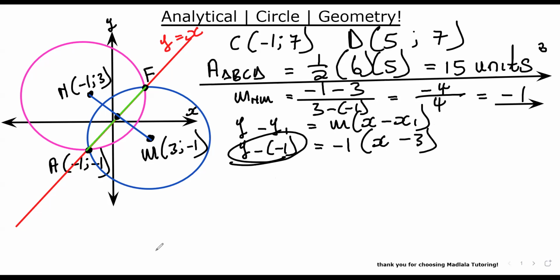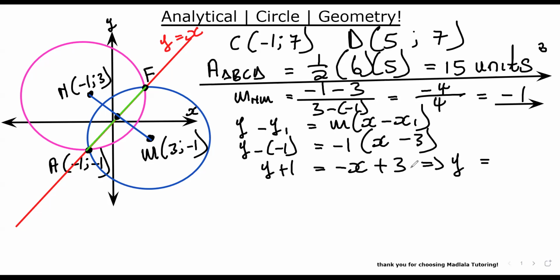So here you have y plus 1, and here you have -x plus 3. And taking this one to the other side, you find that the equation is just going to be -x, and then you say +2. So this is the equation of the line NM.